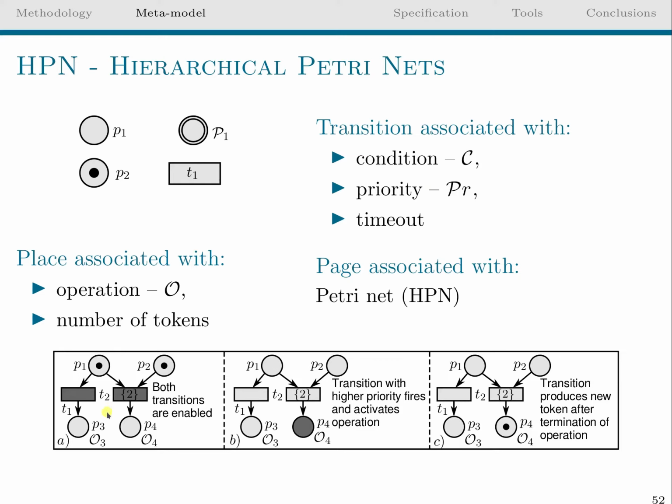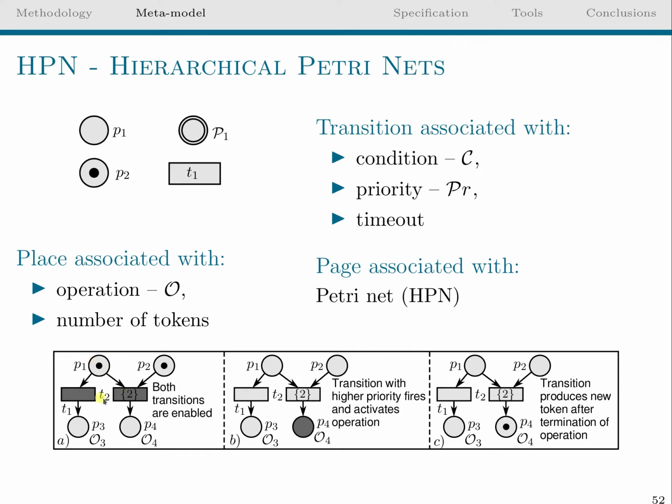So let's focus on how the hierarchical Petri net works. Whenever we have 2 transitions enabled, one has a higher priority, so it will fire before transition T1.